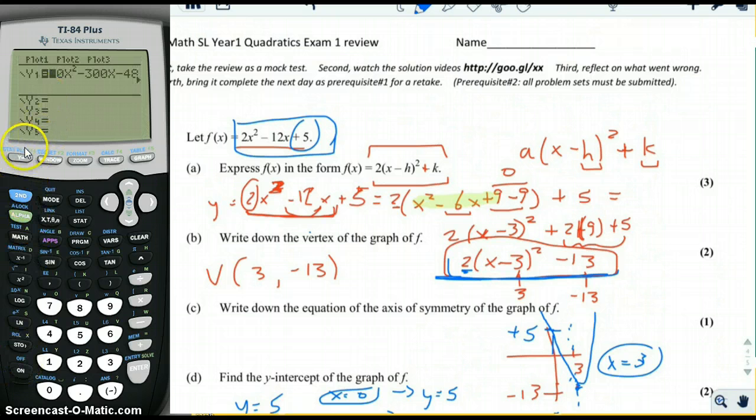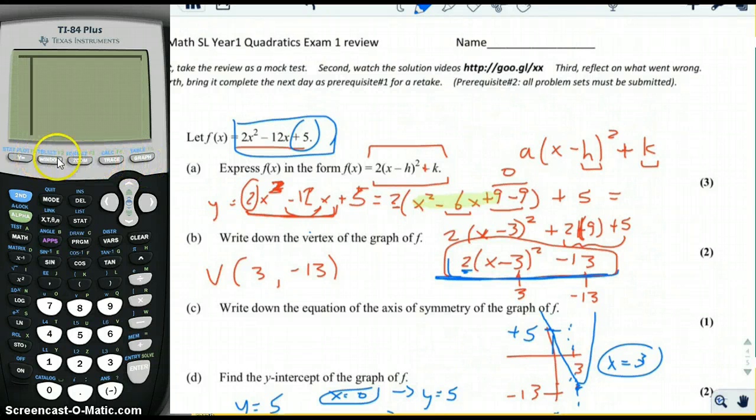Either way, you need to put y equals, and we'll clear that out. And we're going to put the equation here, 2x squared minus 12x plus 5. And graph it.